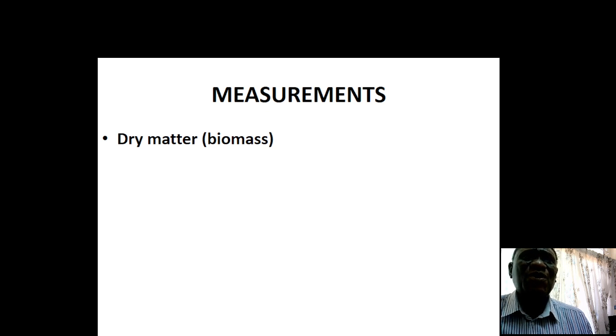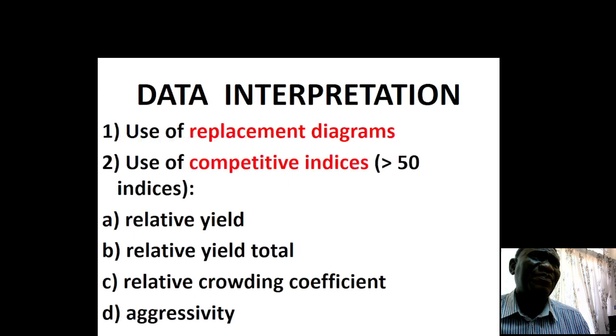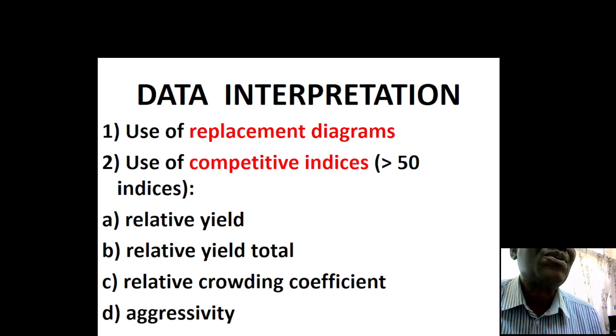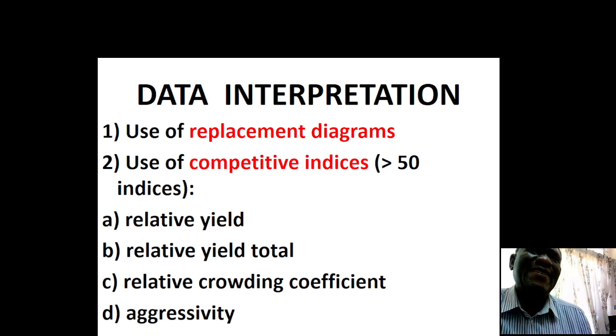The measurement which we are interested in is the dry matter, biomass. How are we going to evaluate our information on dry matter? Number one, we will use replacement diagrams, and I will talk about replacement diagrams. Then we will also use competitive indices.